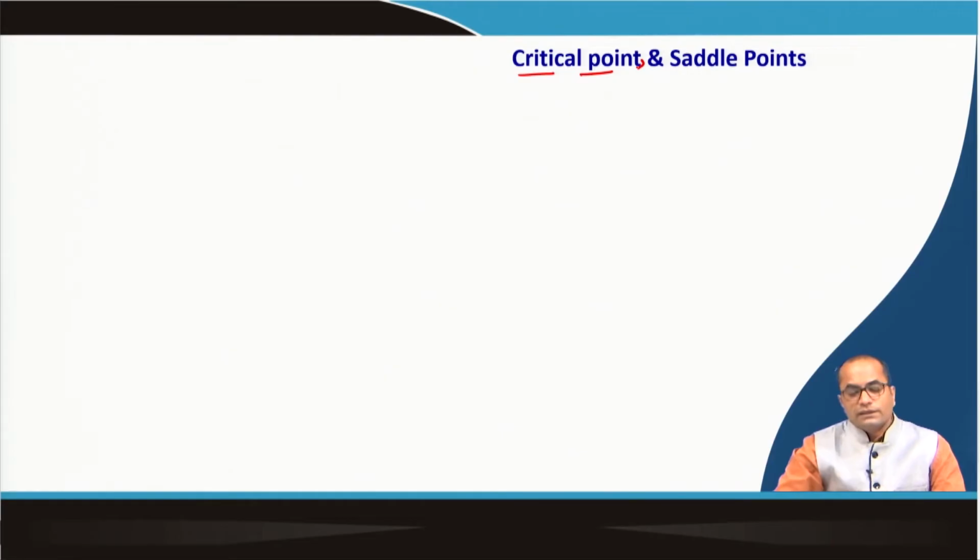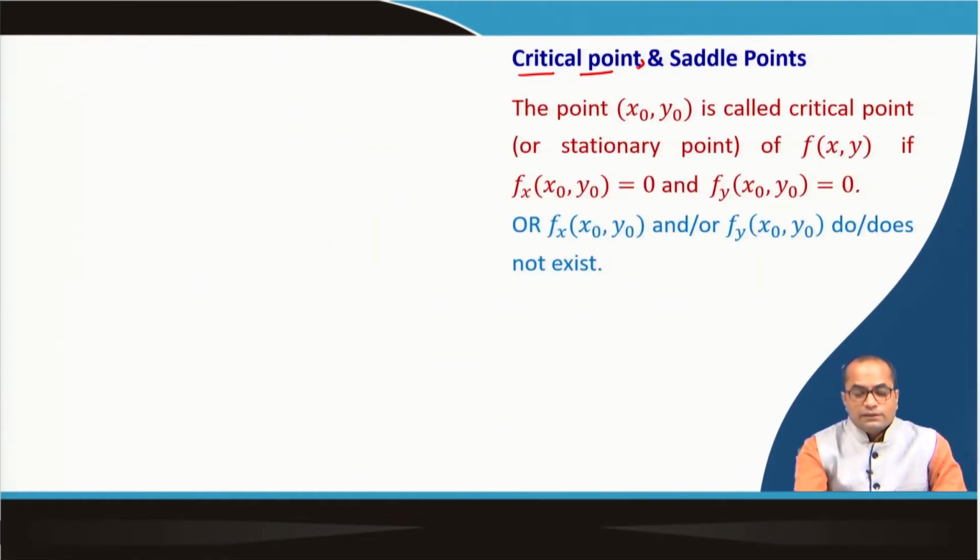So, what are the critical points? The point (x naught, y naught) is called a critical point, or sometimes we call it a stationary point, of a function f(x, y), if at this point the partial derivative with respect to x is 0 and the partial derivative with respect to y is also 0.